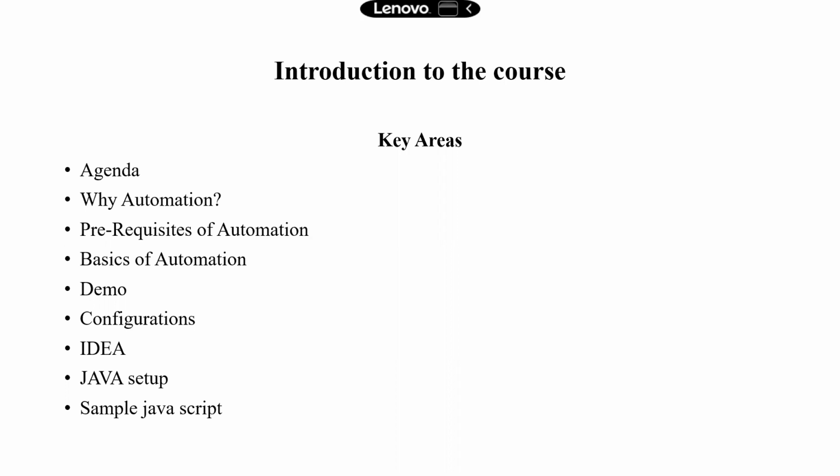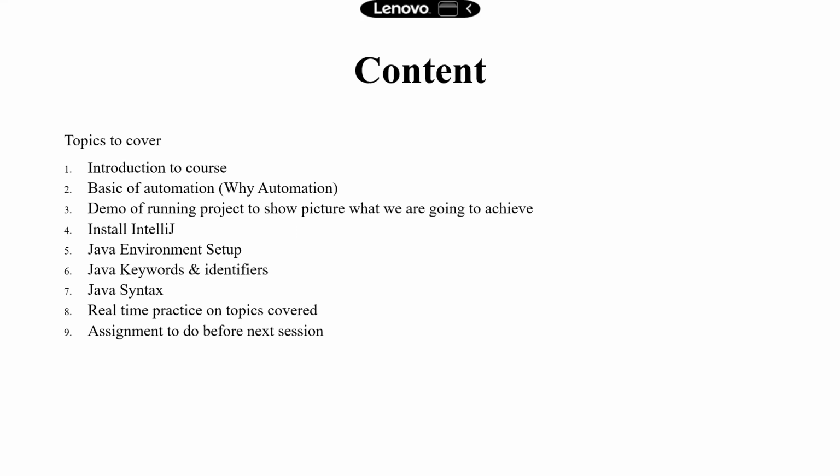First of all, I wanted to clear your mind so that you are aware of what you are going to achieve in these 2 hours. Since we are now pretty clear with our agenda, we are going to learn automation and lay down the foundation of our learning journey. So let's talk about the content.